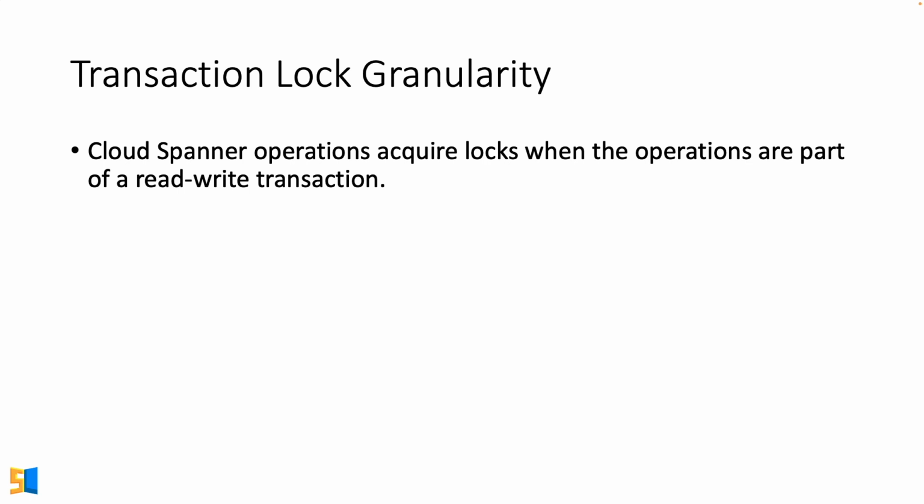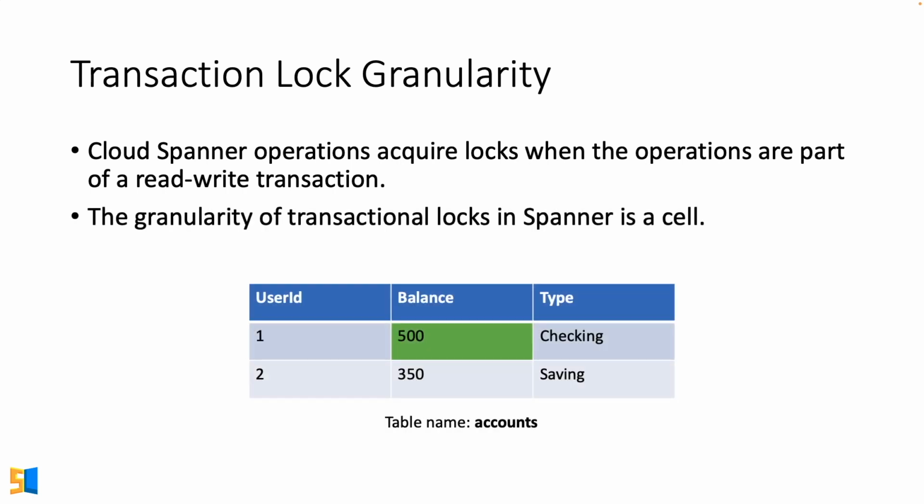Read-write transactions acquire locks where your write will depend on the read result. The granularity of transaction locks in Spanner is a cell, or the intersection of a row and a column. This means that two transactions can read and modify different columns on the same row at the same time.